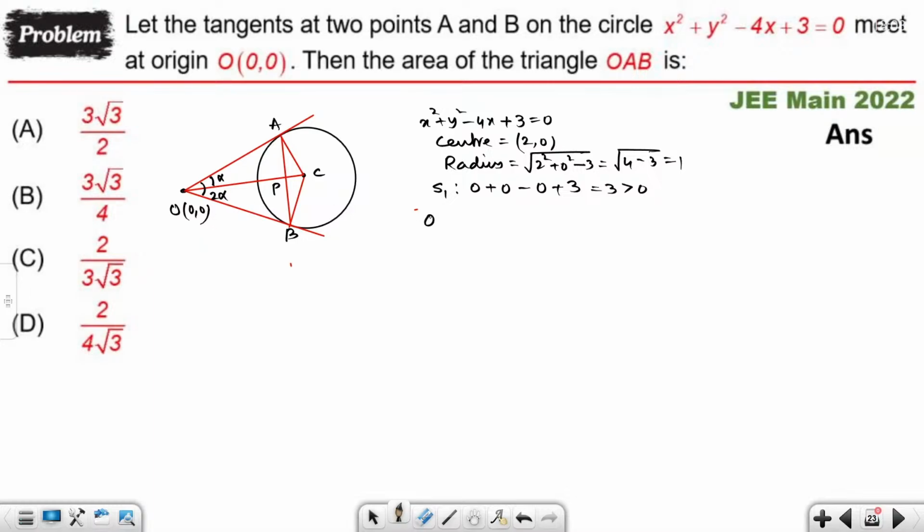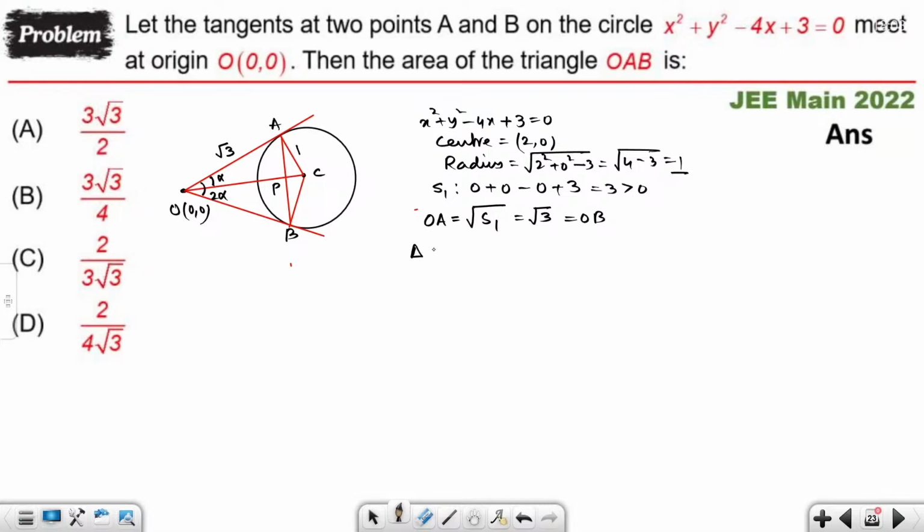What is your OA? OA is basically the length of the tangent, which is nothing but root over of S1. So that is root of 3. So OA, which is same as your OB, OA is root 3. So this length is root 3. And the radius of the circle we have calculated, that is 1.